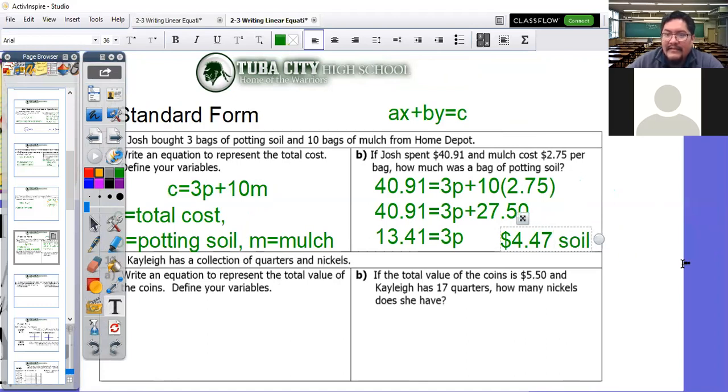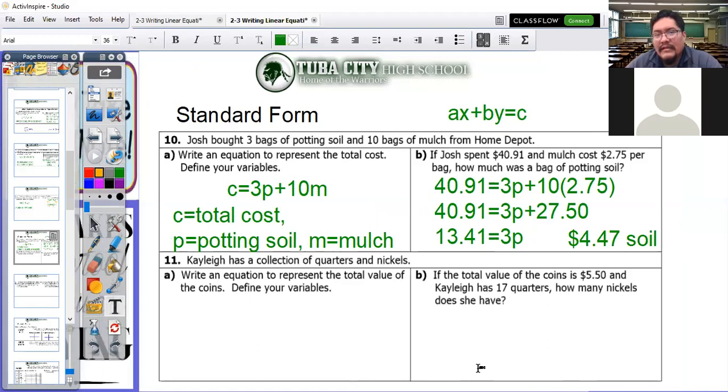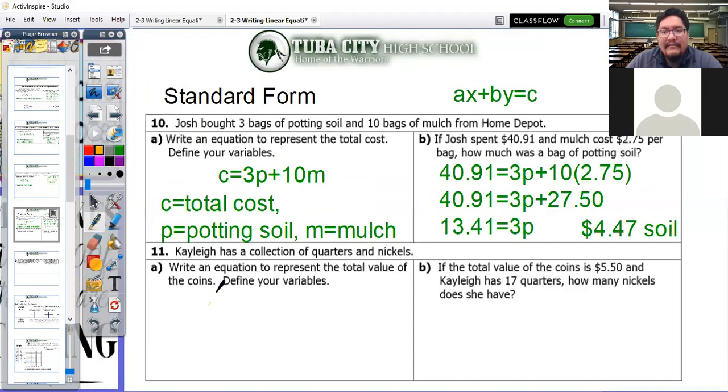Still not going to fit. Okay, fine, that's going to have to do. No, I should say potting soil, but I can't put any more stuff in there. But either way, we got it now. So we know that it's $4.47. So if he has to go back to the store, he knows how much he might spend.